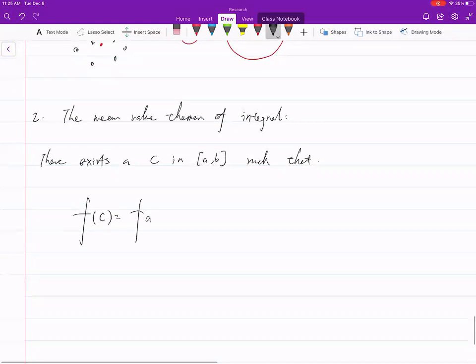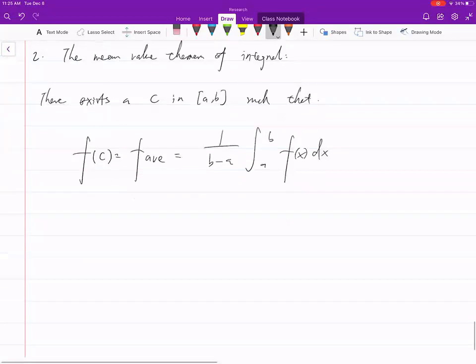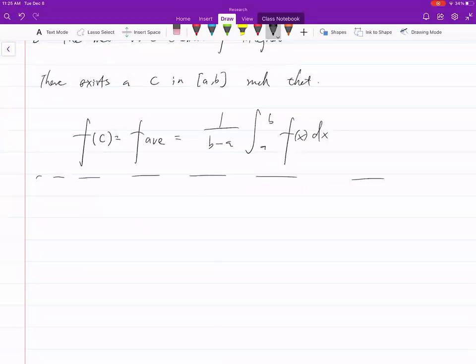FC equals F average. All right. Let's think about what it means.